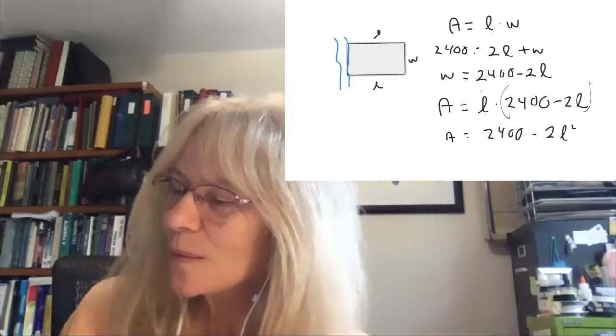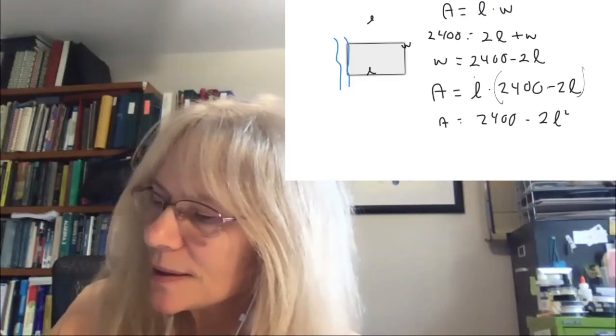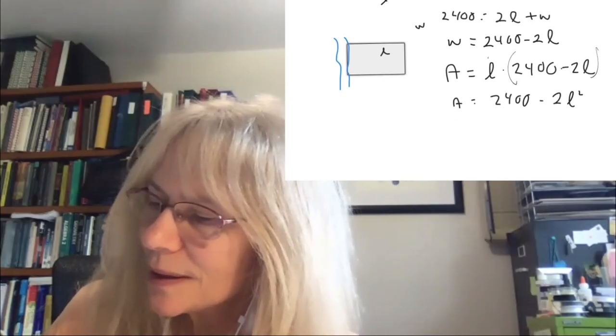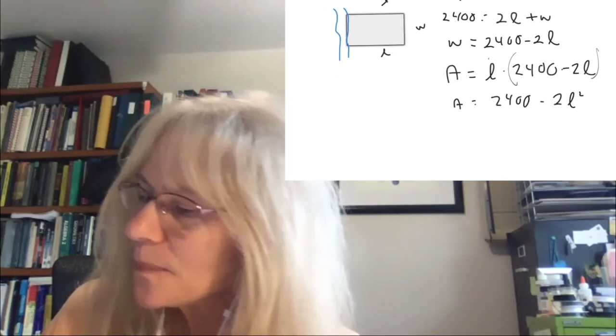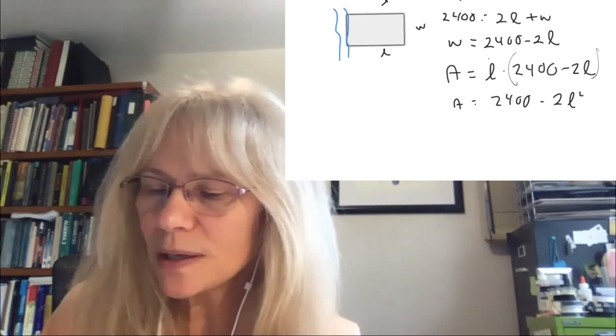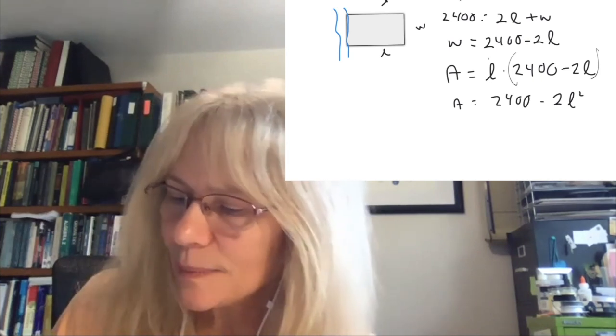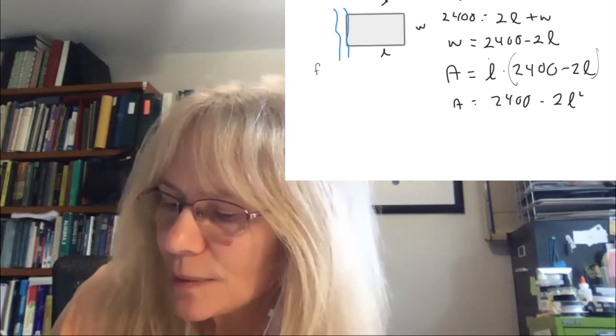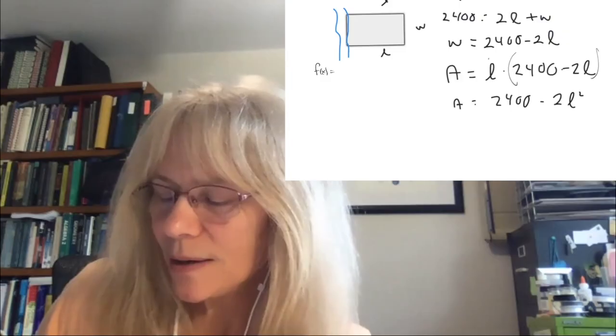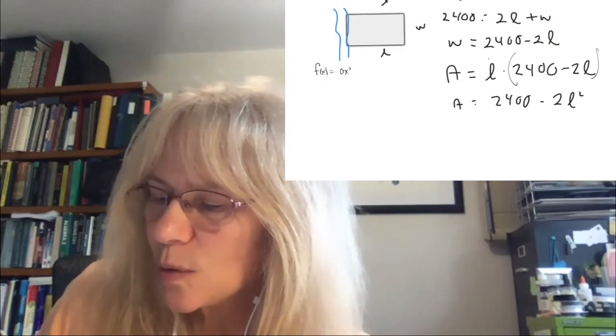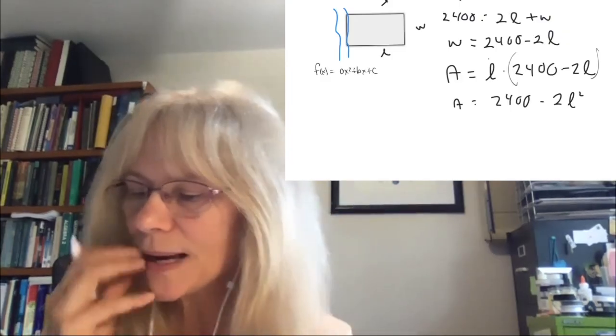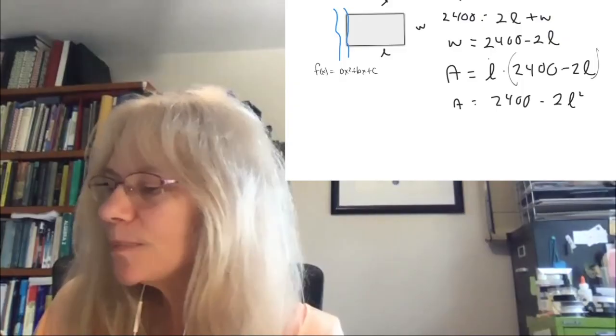Okay, perfect. What I'm going to do is let me see if I can move everything up just a little bit and get it out of the way. Yeah, there we go. Okay, so I'm going to bring in a little bit of background material. We know that a quadratic or a parabola has the form of ax squared plus bx plus c, okay? And so this is what we have here.